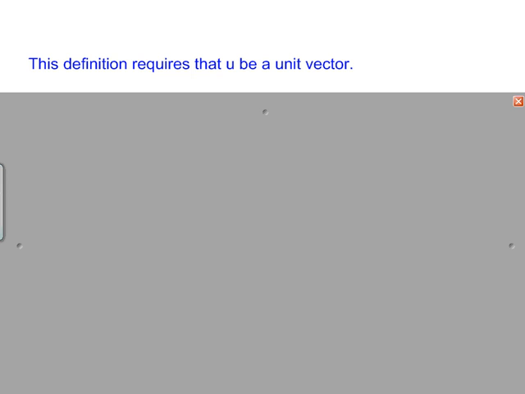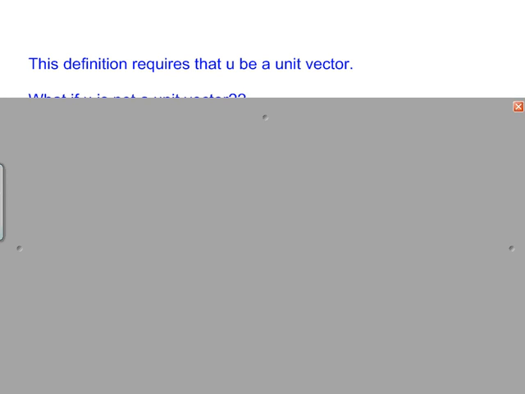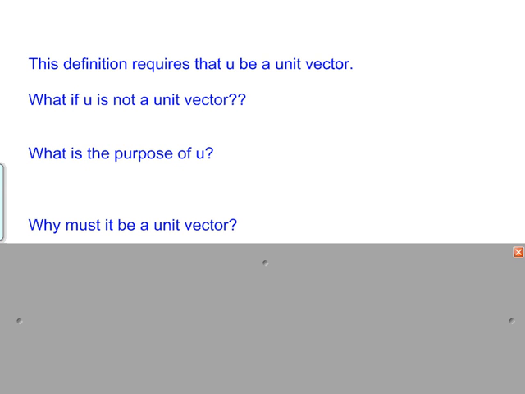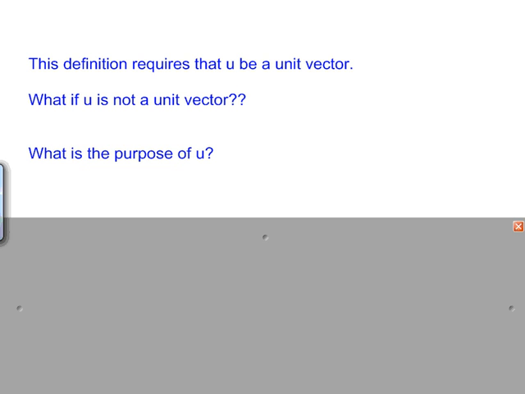Okay, so a couple things need to be true. u must be a unit vector. If u is not a unit vector, then it's not just giving direction; it would also change the magnitude. So the purpose of u is that it gives the direction in which we're interested in change.